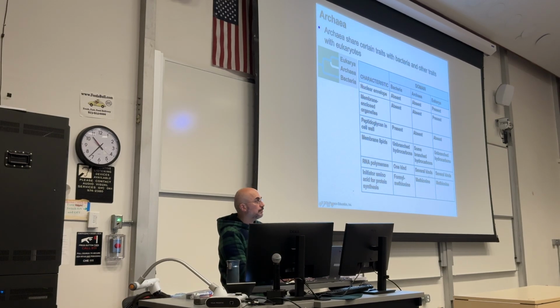Another important thing is the type of amino acid used as the green light to say somewhere in the genome, you can start translation of the gene. You can see that Archaea shares methionine with eukarya, and then bacteria has another green light in the genome to tell the machinery to start translating the genetic information, okay?